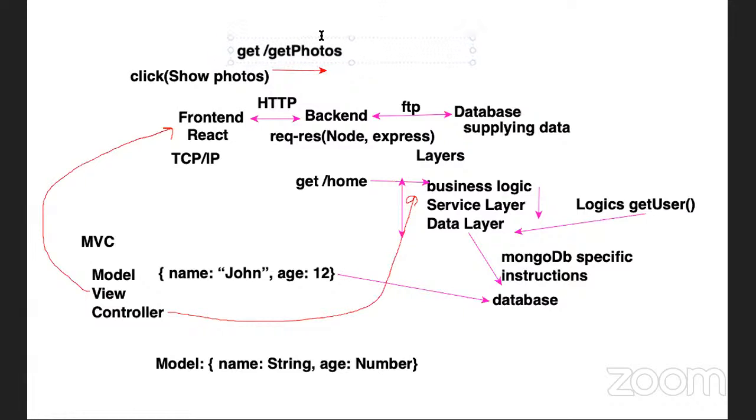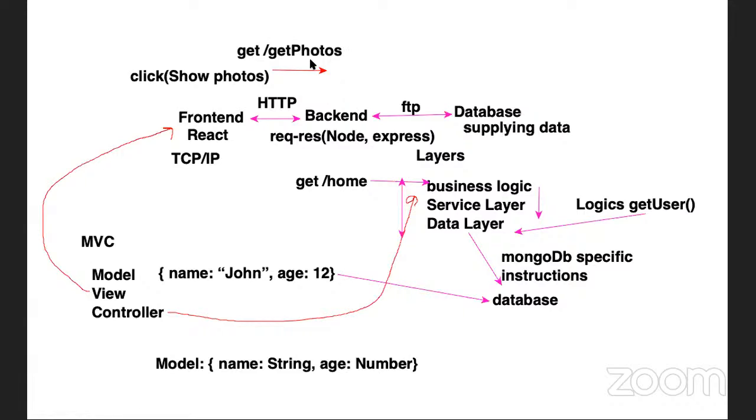So I generated this request from the front end. Just think as a user, what did the user do? They clicked on show photos. So we generated a request on get photos, and that request comes to the backend.